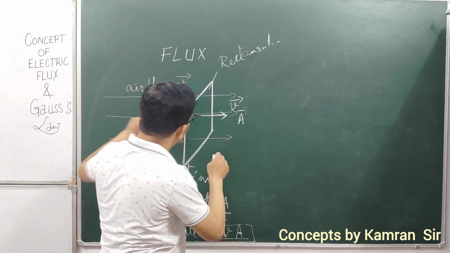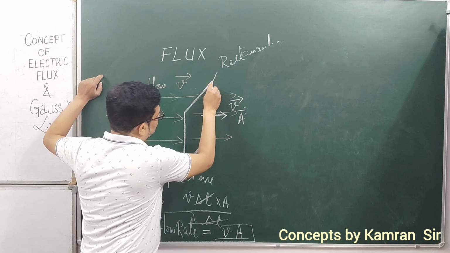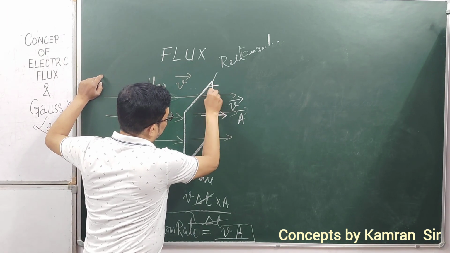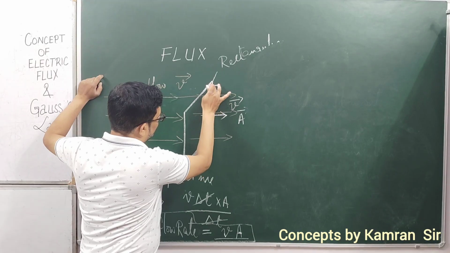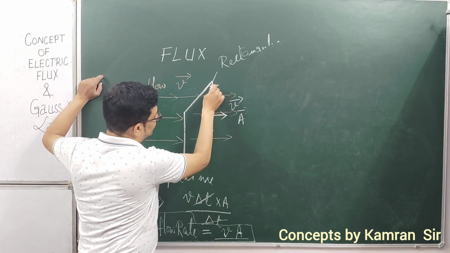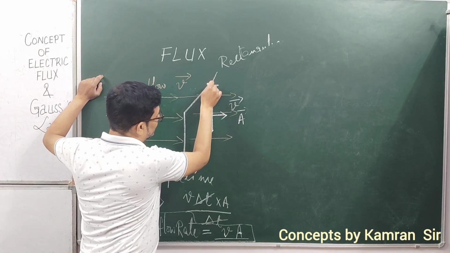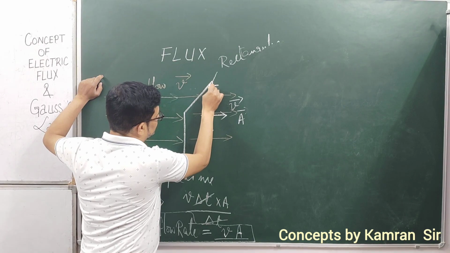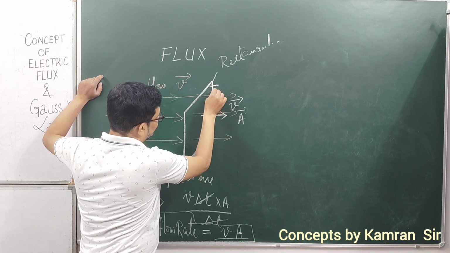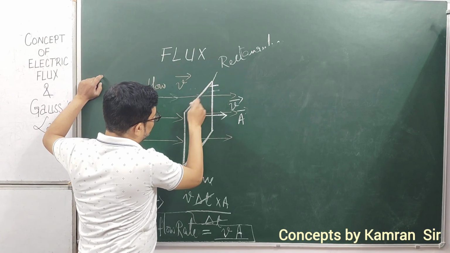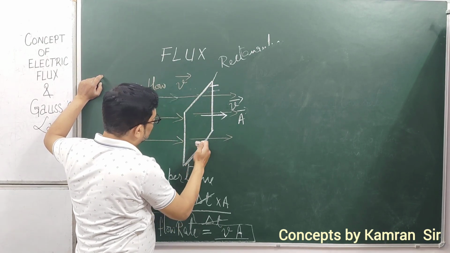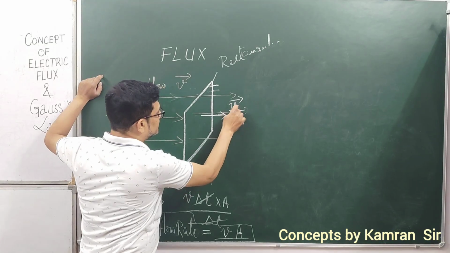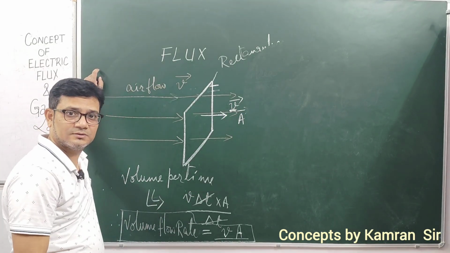It is showing you that this velocity v and this area, at any particular instant, through this area, and this area is an addition of small areas, through all those small areas, this velocity is the same, constant.